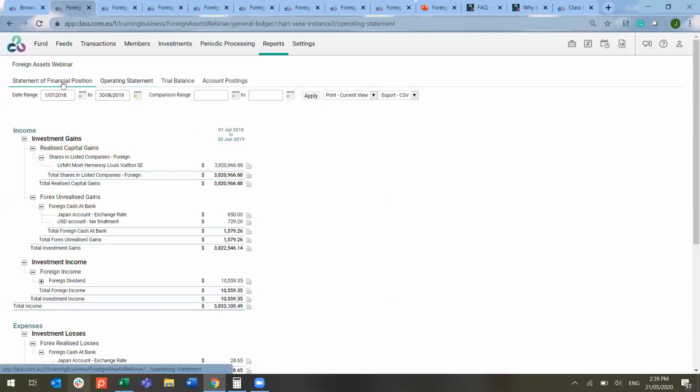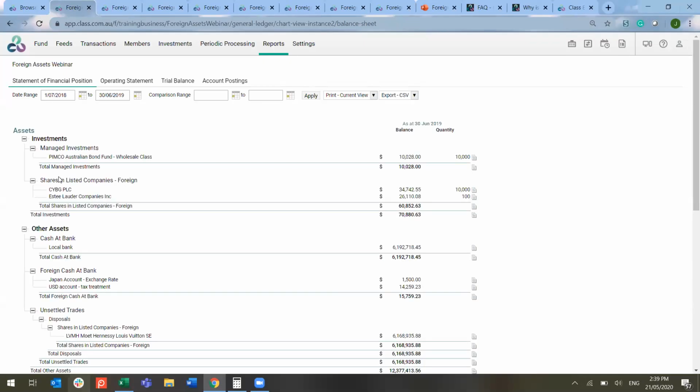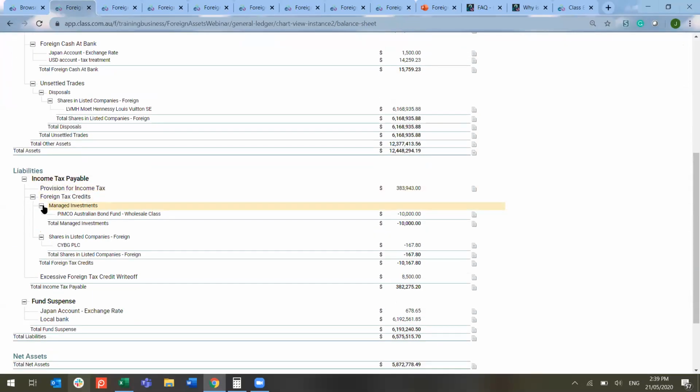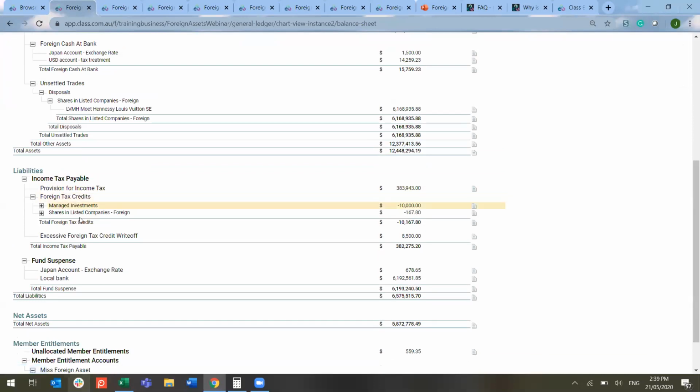Now going back to the fund, in the statement of financial position under the income tax payable account, you see that my total foreign tax credits that I've already paid for this financial year is 10167.8. This is the foreign tax credits. Because there's a threshold set by the ATO, I can't claim all of this $1,167 in my tax return, because foreign tax credits are not actual credits like franking credits.